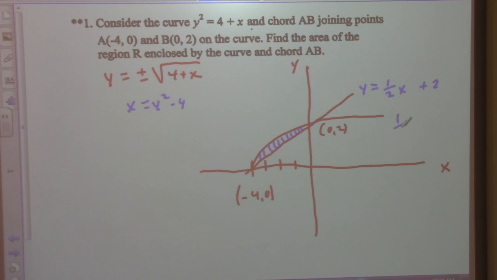We'll have 1/2 x equals y minus 2. So x equals 2y minus 4. So that's what you have to work with.